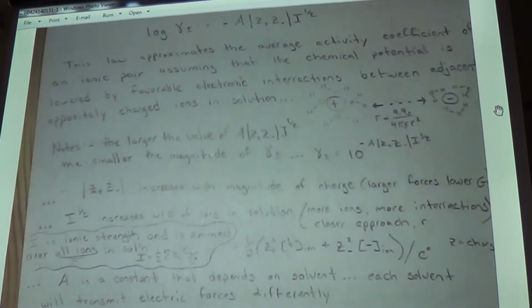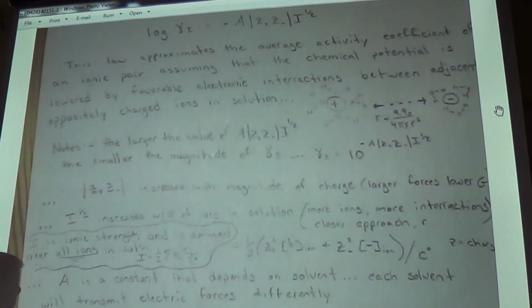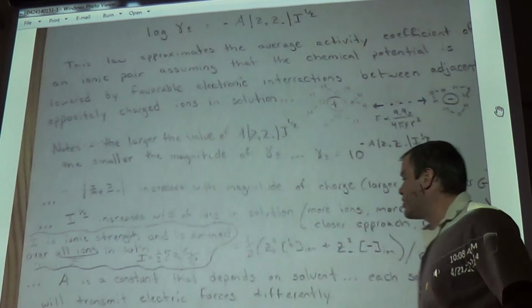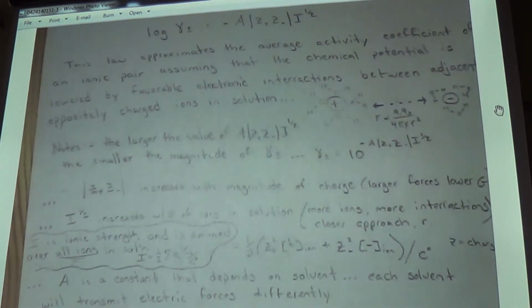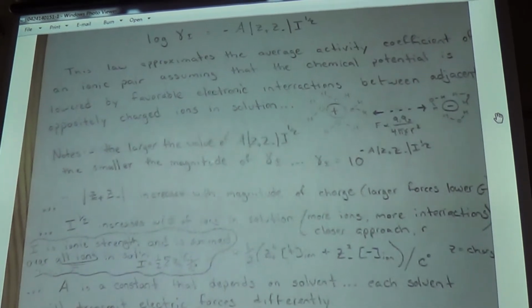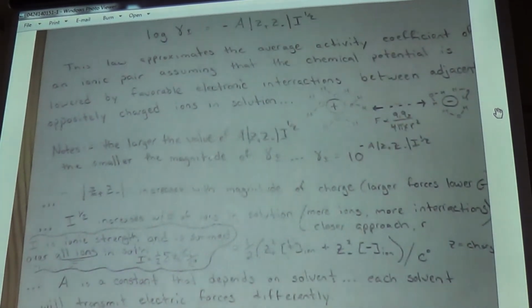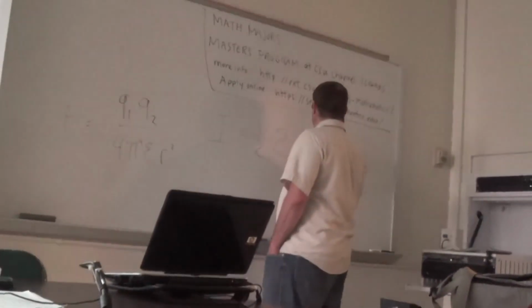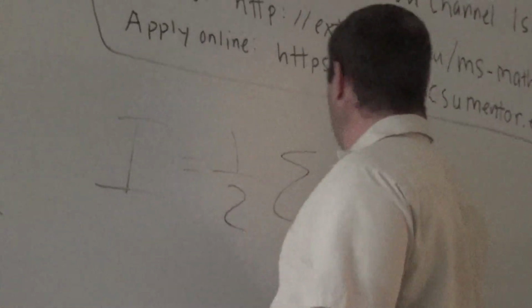Ionic strength I is equal to 1/2 times the sum of the charge squared times the concentration over C naught. I think that's the ionic strength.